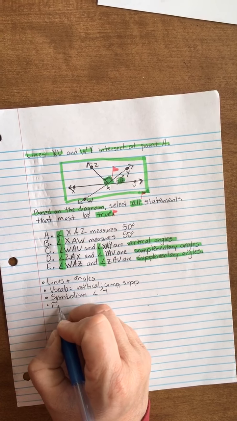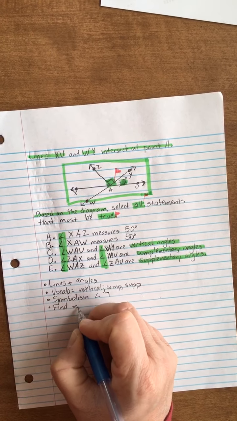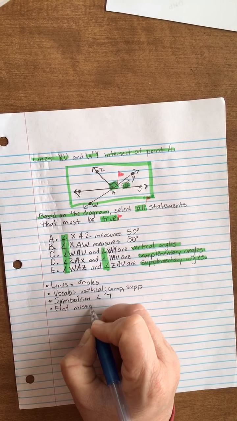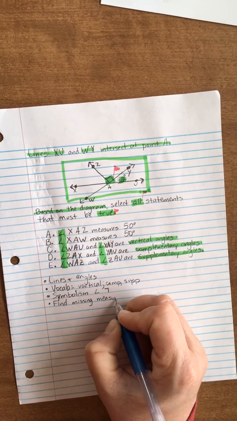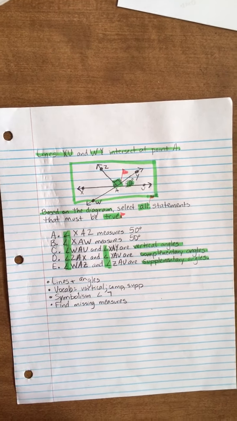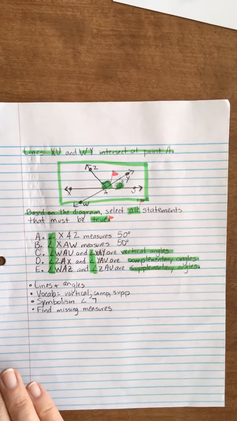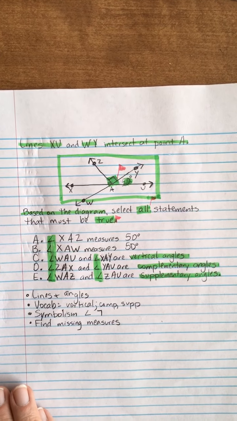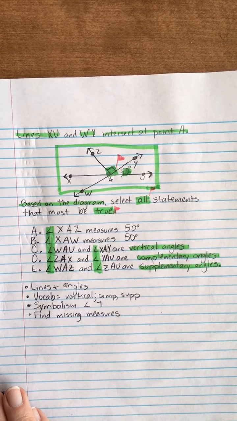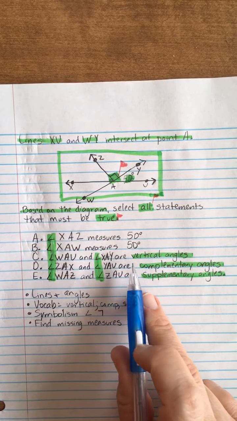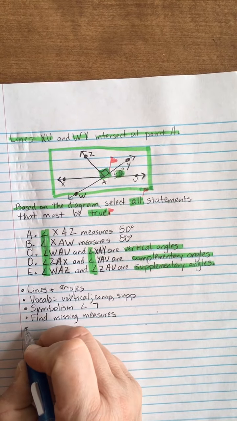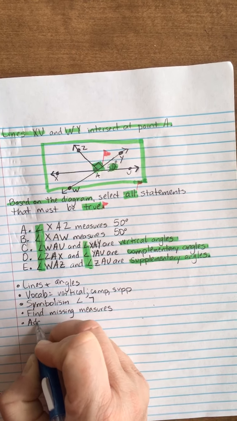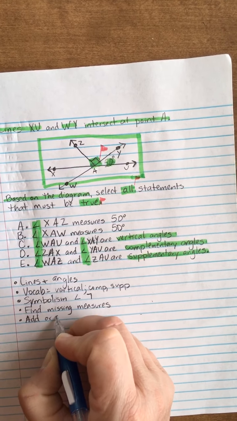I need to be able to find missing measures. Okay. Again, if you see other skills that we need in this problem, based on finding 50 here, I might need to do some addition or subtraction.